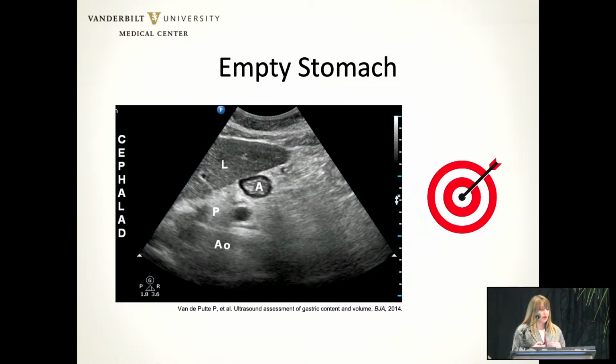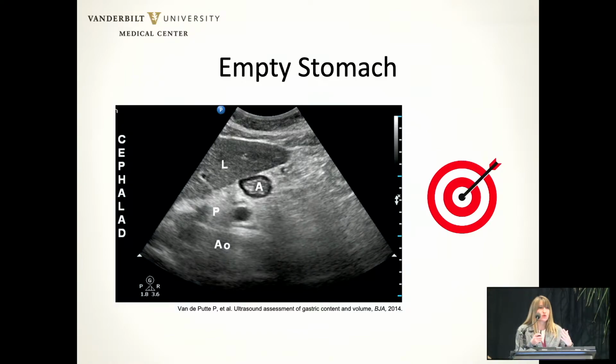So this is a still image of an empty stomach. As you can see here, the antrum, just inferior to the left lobe of the liver, is empty. It appears small. You can see the thick hypoechoic layer surrounding it. That's the muscularis propria. It's one of the 5 layers that we looked at earlier. And you can see that the stomach appears relatively thick because the anterior and the posterior walls are next to each other.